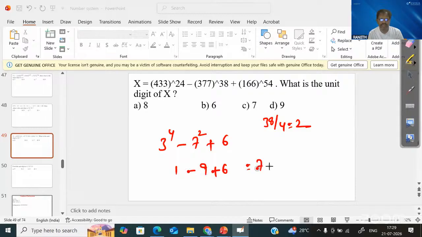So that will be 7 minus 9, equal to minus 2. So we need to subtract: 10 minus 2 equal to 8. So the answer is 8.